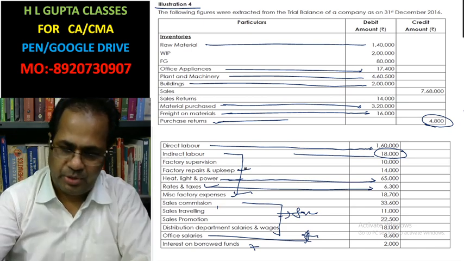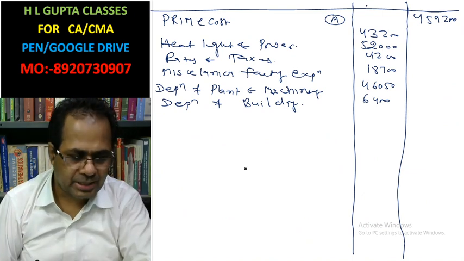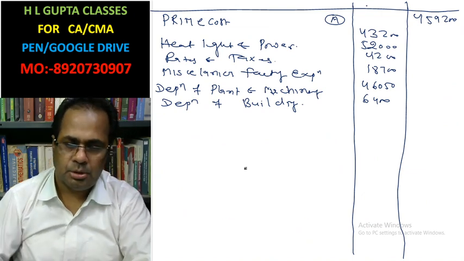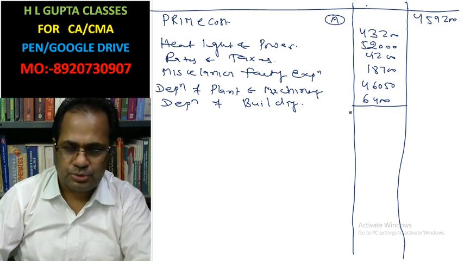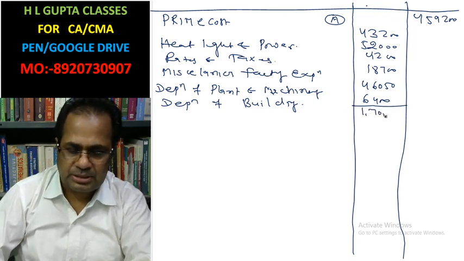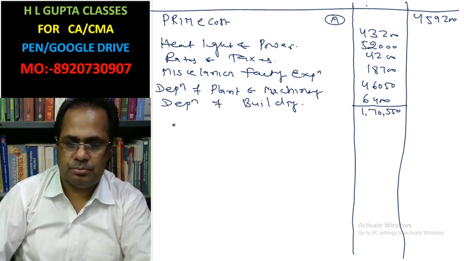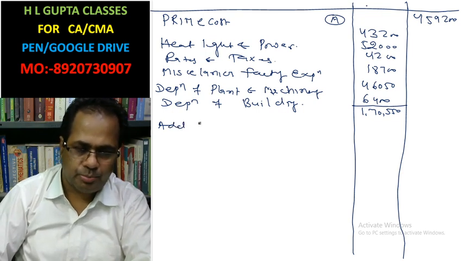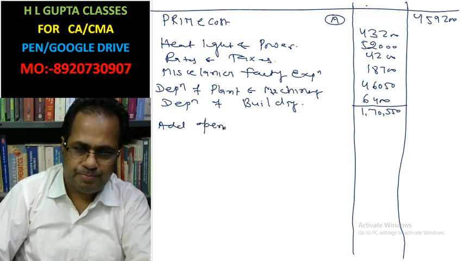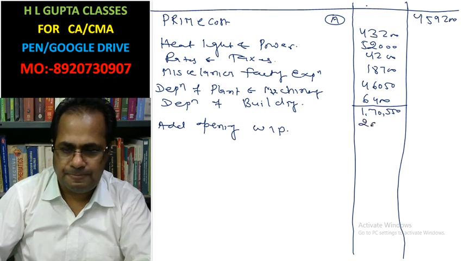Okay. Now we have factory expenses, this all, this is 1,70,550. Add opening stock of work in progress. Opening work in progress 2 lakhs.